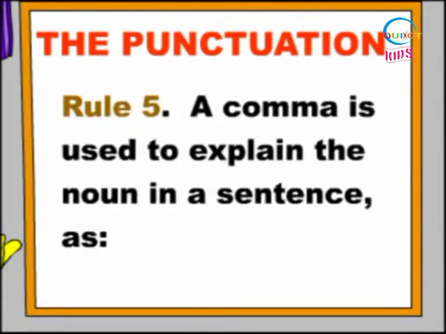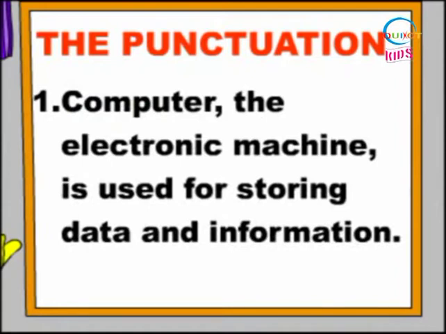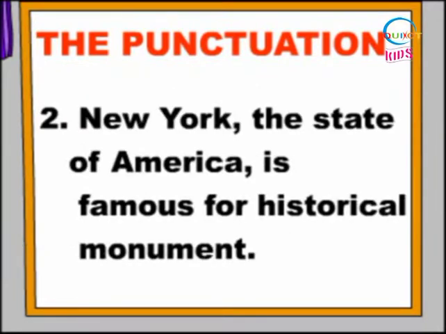Rule 5. A comma is used to explain the noun in a sentence, as computer, the electronic machine, is used for storing data and information. New York, the state of America, is famous for historical monuments.